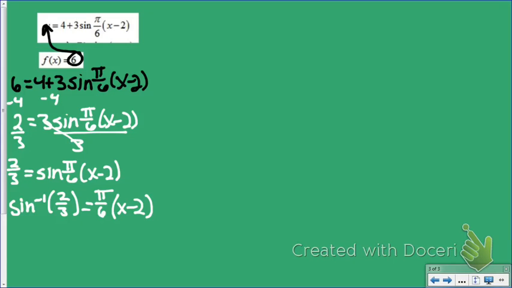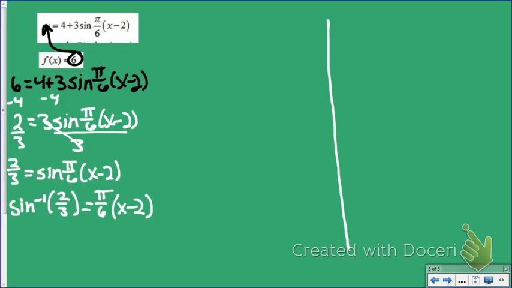And now this is the tough part, because this is where my equation is going to split into 2 places. So I'm going to have 2 separate equations in a second. So the first one, I'm going to type in my calculator, sine inverse of 2/3. And again, check your mode, make sure you're in radians.